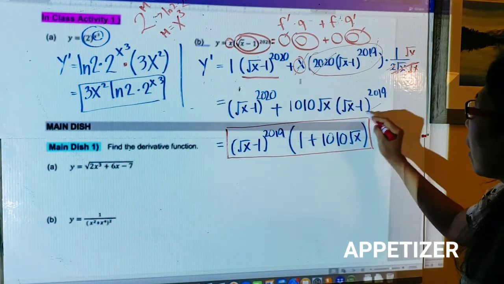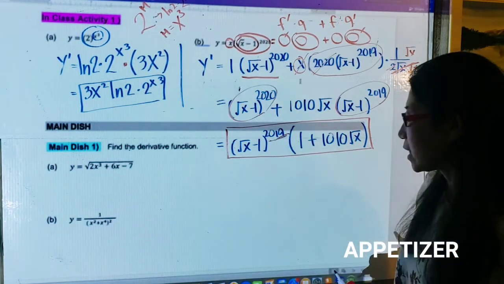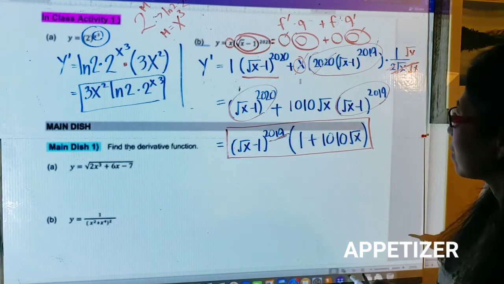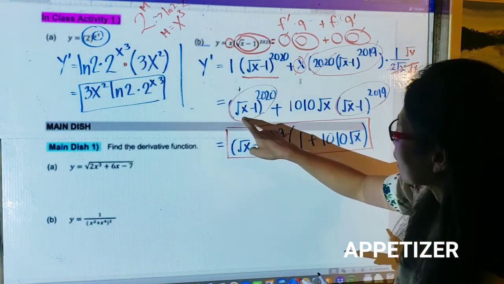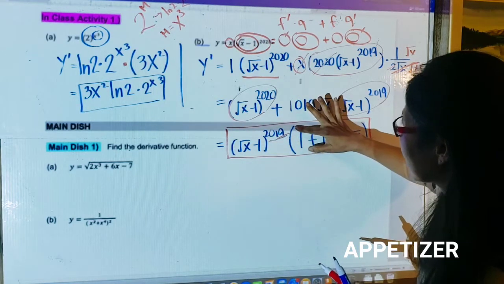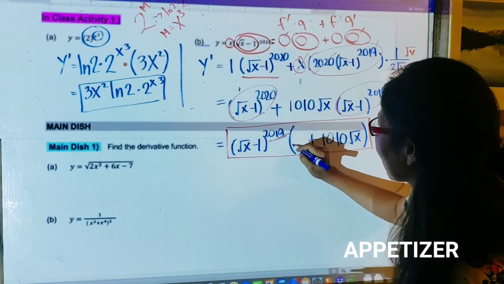I notice this one and this one I can factor out by 2019. So I factored out 2019, and I see a very nice mistake here because I was excited. I said there should be one of them left, right? So square root of x minus 1. Good mistake, I'm double checking.